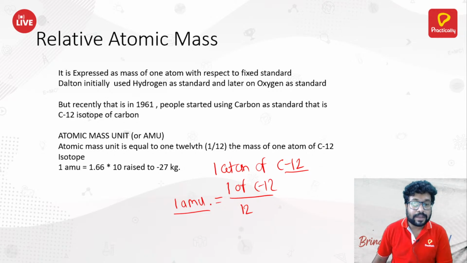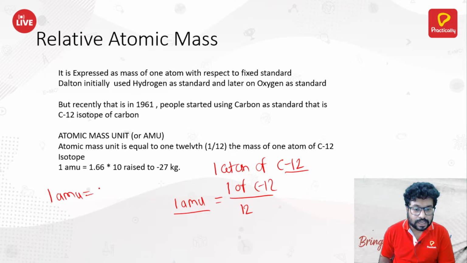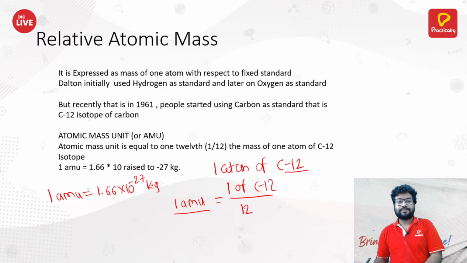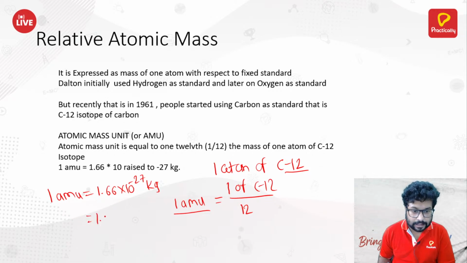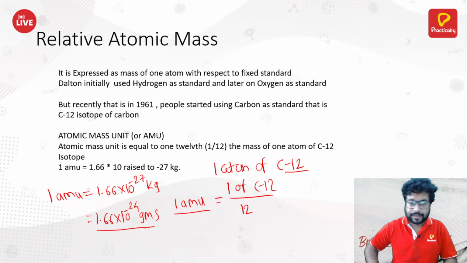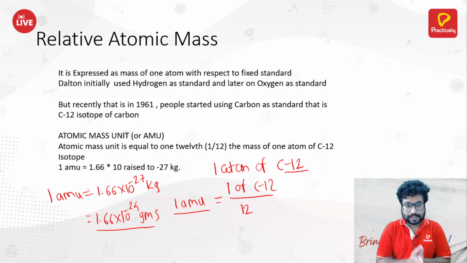The value of 1 AMU is 1.66 into 10 raised to minus 27 kilogram. In grams, it is 1.66 into 10 raised to minus 24 grams. This is the standard people nowadays use for measuring any other substance. That is what relative atomic mass is all about.